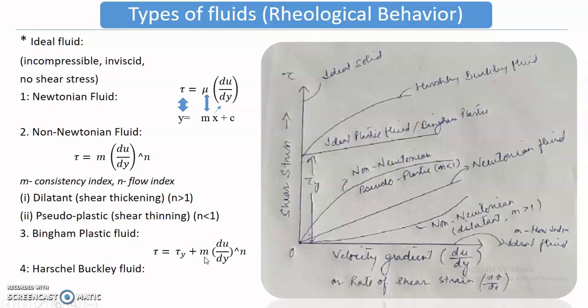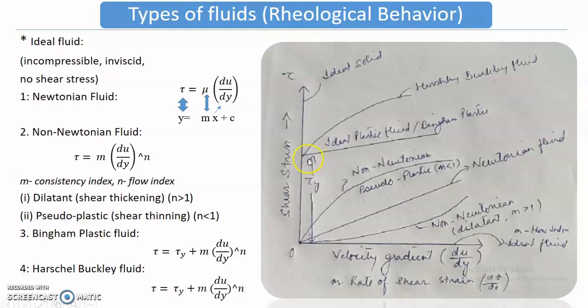Next type of fluid we have is the Bingham plastic fluid. This is a type of fluid which needs some initial shear stress to flow. That means it requires some initial force so that the flow of the fluid can be initiated. We call such a fluid neither a fluid nor a solid. Why do we call it so? Suppose you imagine that you're holding a toothpaste tube upside down.